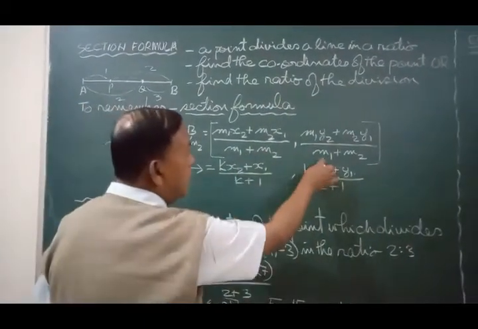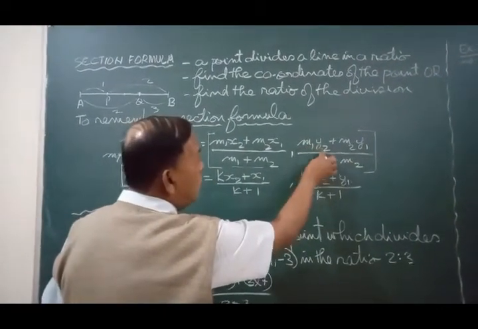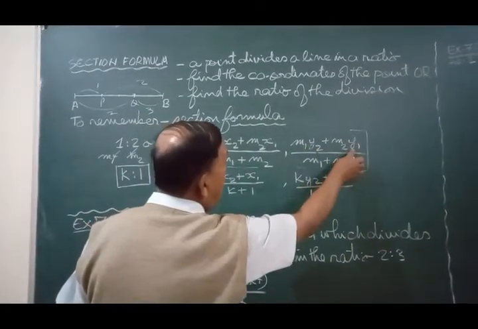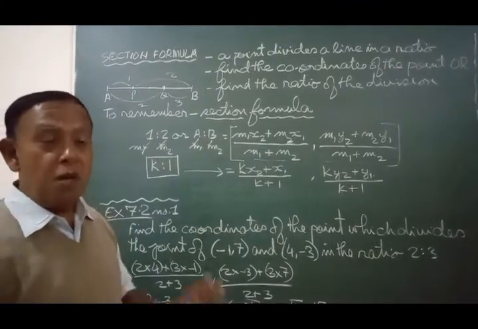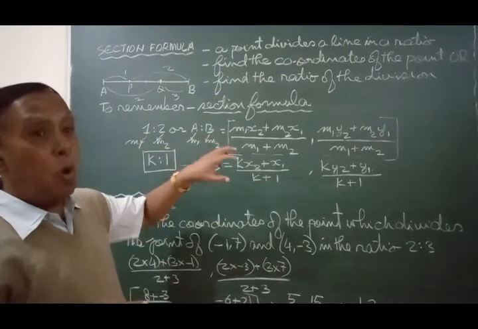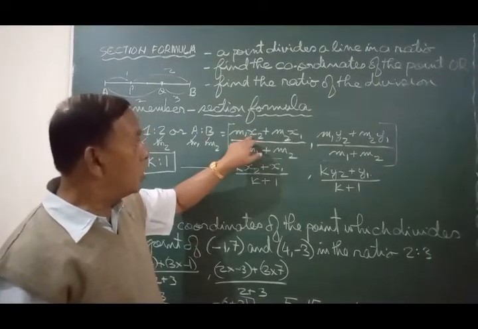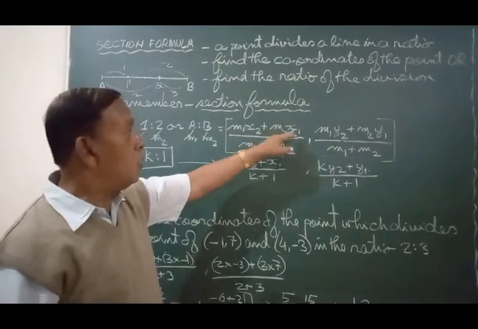And this is the same here. This and this is the same. But then here M1 Y2, M2 Y1. It's not difficult to remember the formula. Just begin with M1 X2, M2 X1.